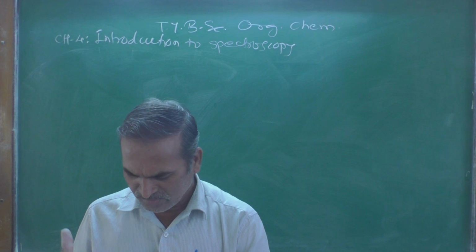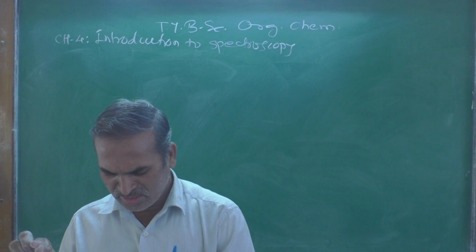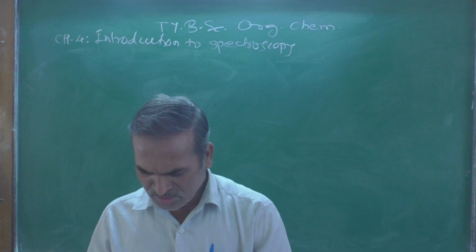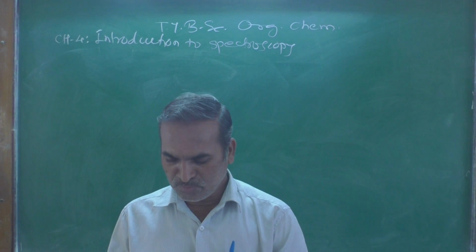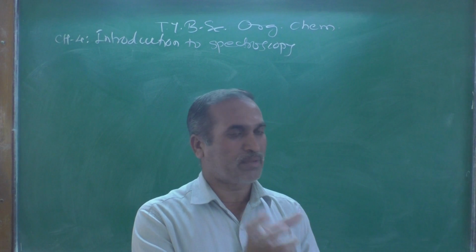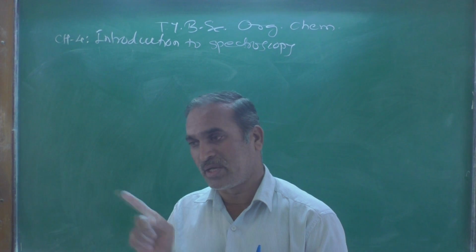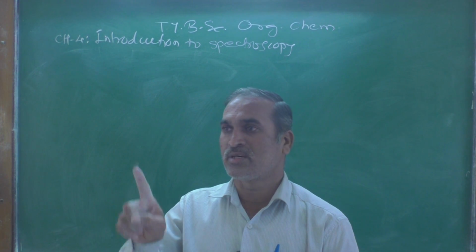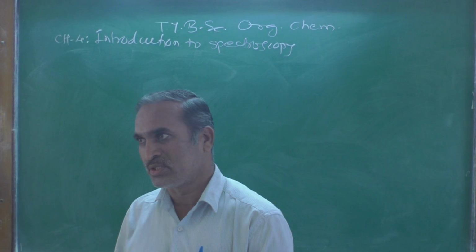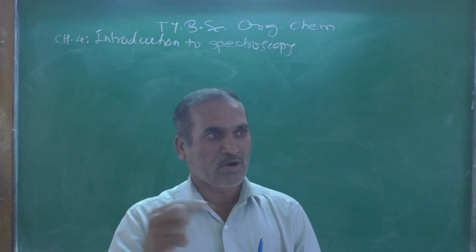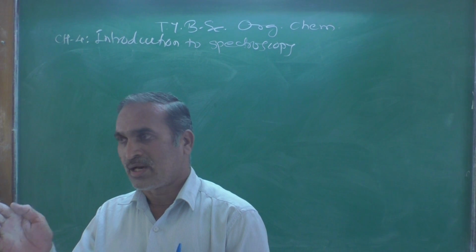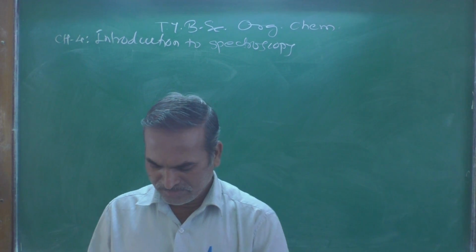Give its approximate range in centimeter unit. We know that PMR means proton magnetic resonance. What type of radiation is used there? Radio waves are used, and the unit is the centimeter.